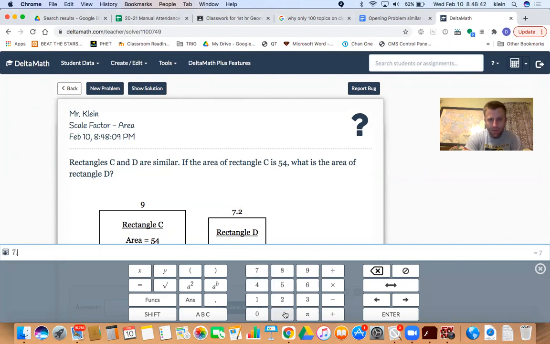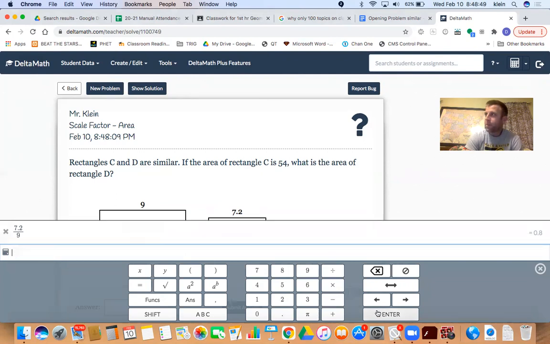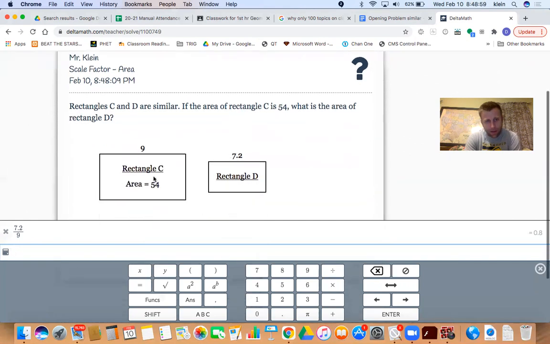7.2 divided by 9 equals 0.8. So the scale from here to here is 0.8. Now the trick is the scale of the area is actually going to be that scale factor squared.